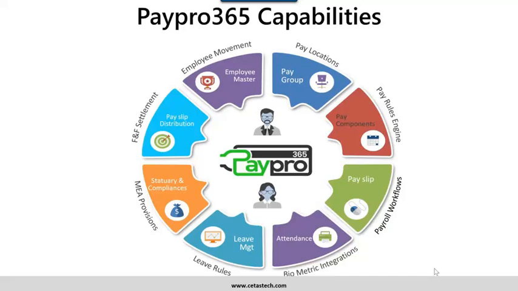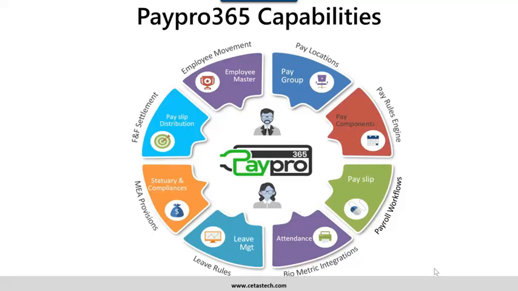The last and final one is the full and final settlement. Whenever the employee leaves, you could generate a complete full and final settlement for the employee, including the accruals, which constitute the gratuity, your leave, unpaid leave salary if there is any, unpaid airfare that needs to be paid and those kind of things.